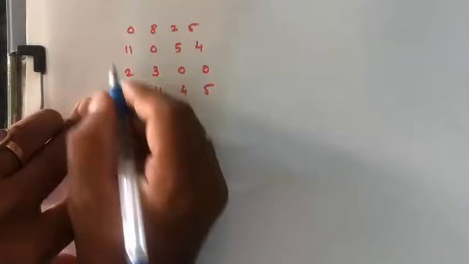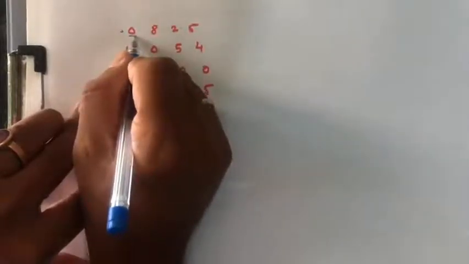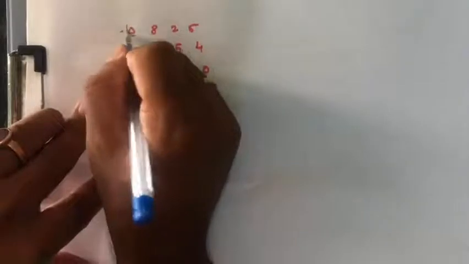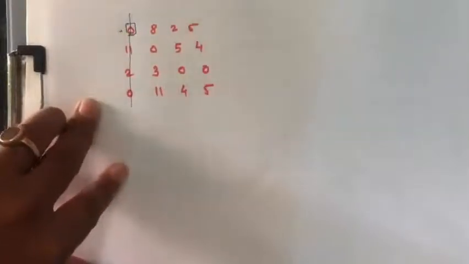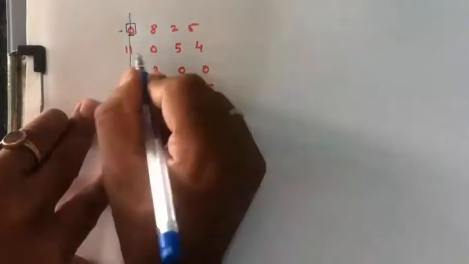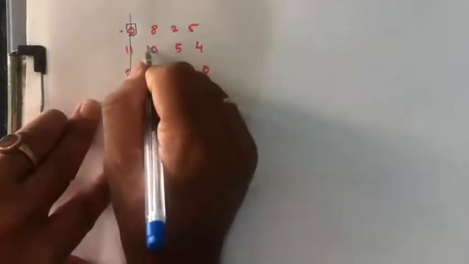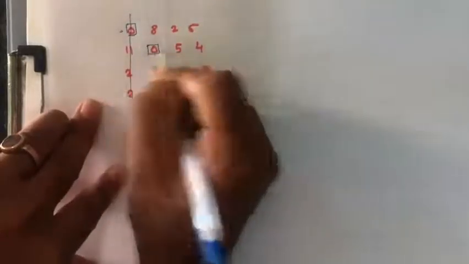First we go for the row scanning. This is row number 1. There is only one 0 in this row, so we mark a square on that 0, and we cancel the first column by drawing a vertical line through that 0. After that, for the second row we have one 0, so we mark a square and draw the vertical line.